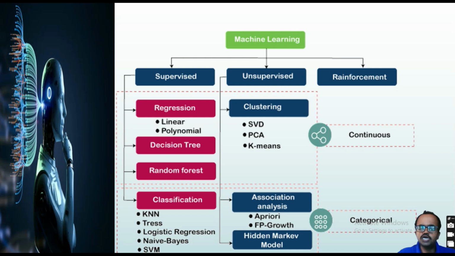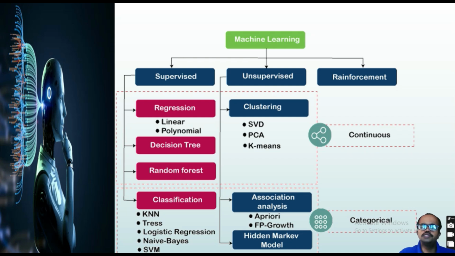We have the chart of the algorithms of machine learning. Machine learning is divided into supervised, unsupervised and reinforcement. Under supervised we have regression, decision tree, random forest, and classification. Under regression there is linear and polynomial. Under classification we have KNN, trees, logistic regression, Naive Bayes, SVM.